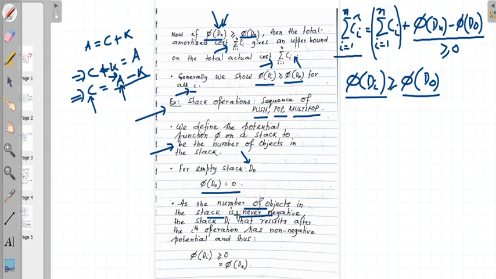It was there in the previous class, whenever we defined the multi-pop operation also. Who will be telling? Anybody listening?